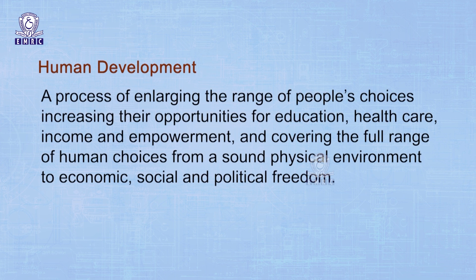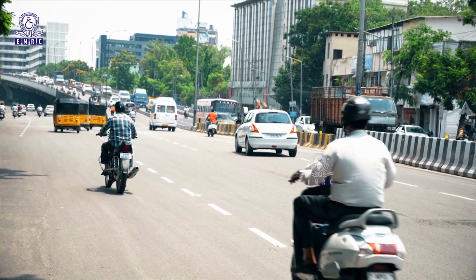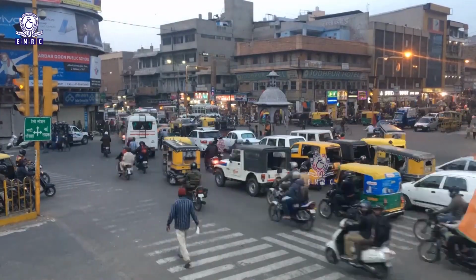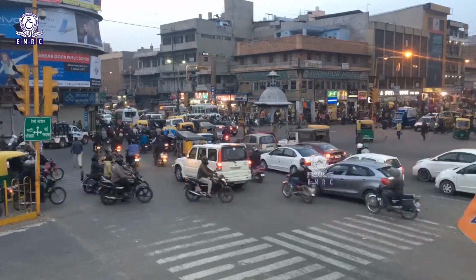Human development is a process of enlarging the range of people's choices, increasing their opportunities for education, health care, income and empowerment, and covering the full range of human choices from a sound physical environment to economic, social and political freedom. Thus, enlarging the range of people's choices is the most important aspect of human development.